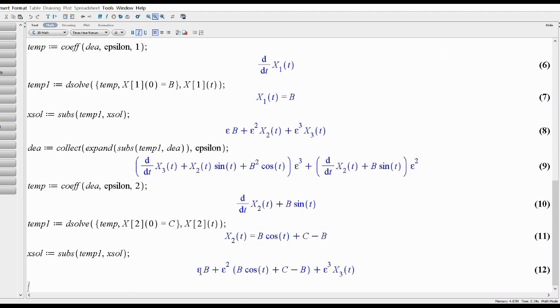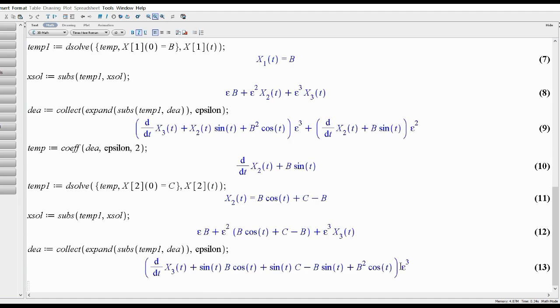Okay, so here is my epsilon b, and here is the sinusoidal part. This one remains to be found, and then I come here and I say DEA is equal to expand, substitute temp1 in DEA, collect for epsilon. Okay, order epsilon cube.